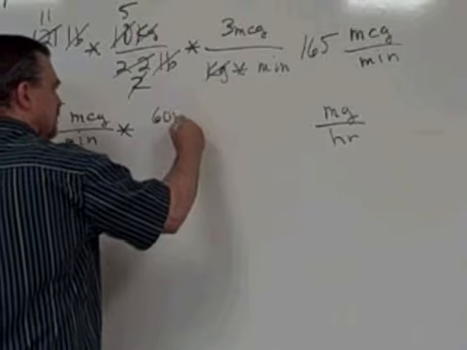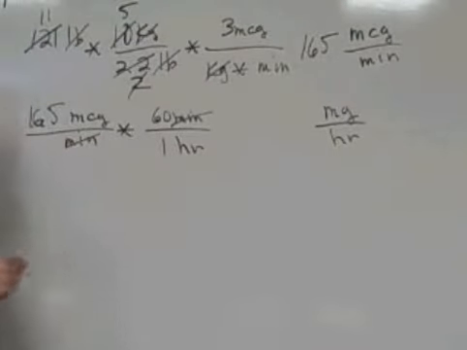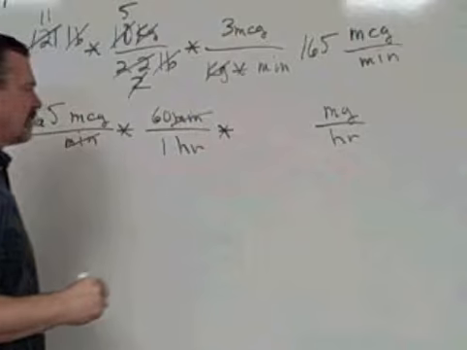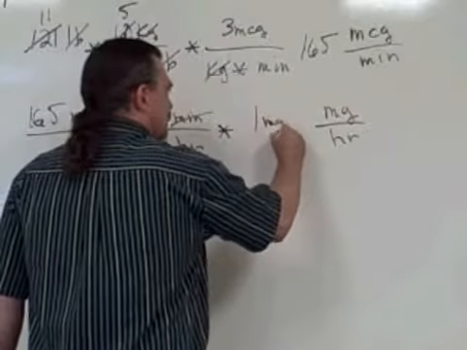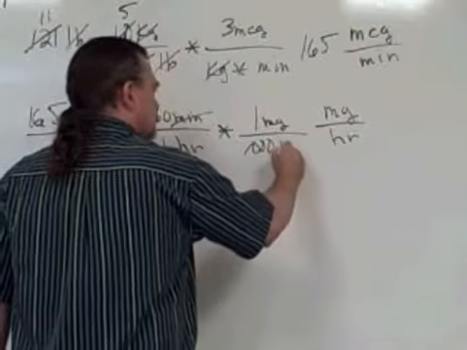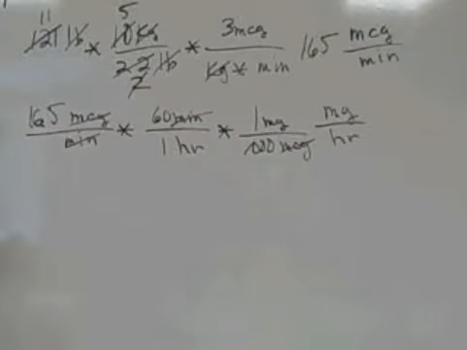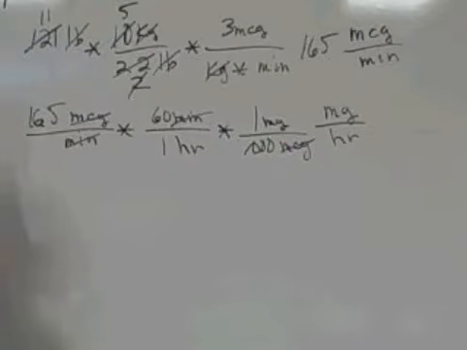That's 60 minutes in 1 hour, so that the minutes will cancel. Now we would know micrograms per hour. We want milligrams, so we've got to get from the micrograms to milligrams. And 1 milligram is 1,000 micrograms, so the micrograms would cancel. And we have our desired rate of administration, milligrams per hour.